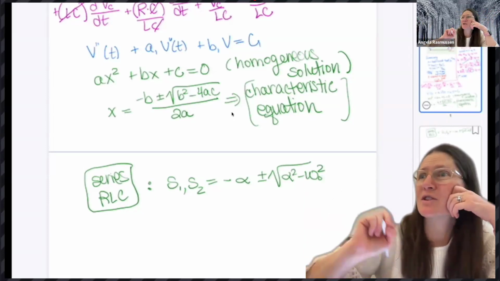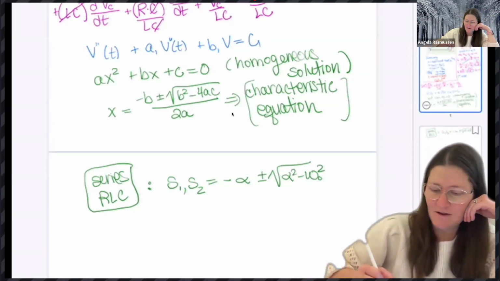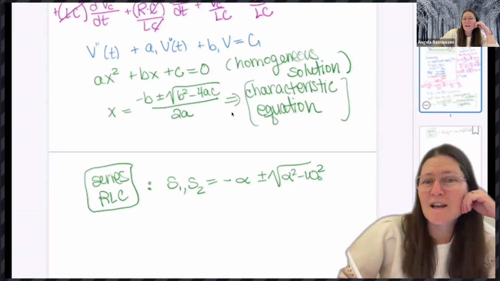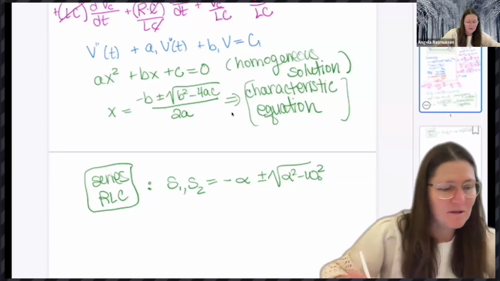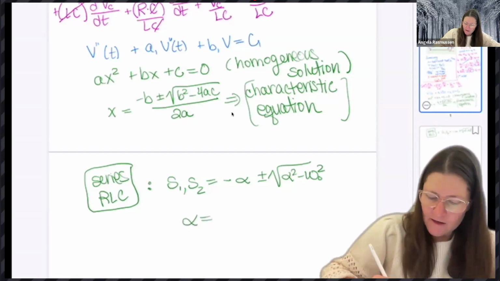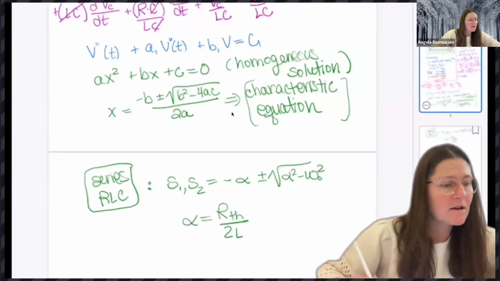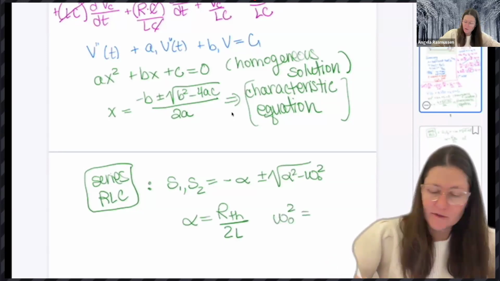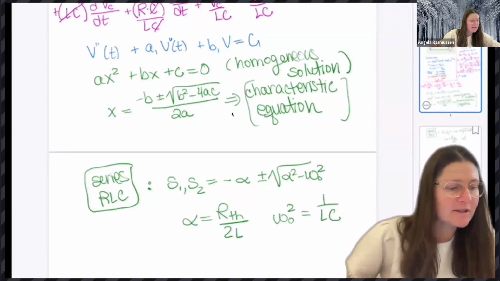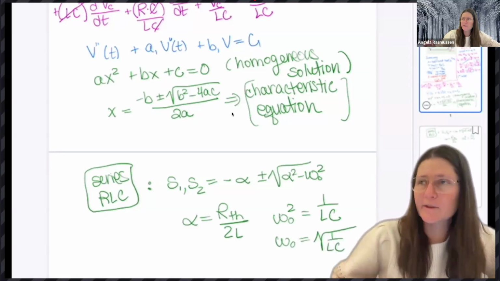So yes. How are you drawing omega? I'm sorry. Oh, it's just a W, never mind. So omega is a W with a 0 on it, 0 as a subscript. And then alpha in the case of series RLC is just going to be RTH over 2L. And omega naught squared is going to be what's called the resonant frequency, or you can say omega naught is the square root of 1 over LC.